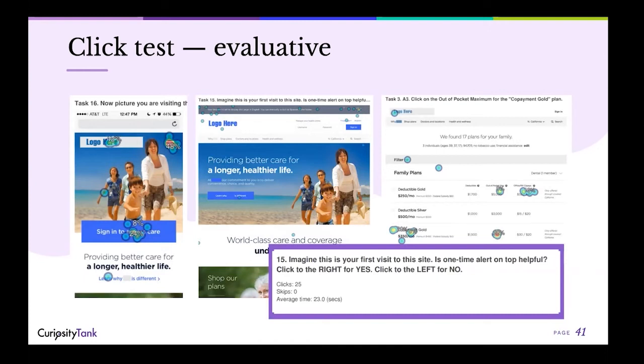In the purple box, you could see what the report out looks like in terms of number of clicks and the average time to make that click. So again, click tests are quantitative measures that help us understand where someone would first click to accomplish a task and how accurate they were in that click.